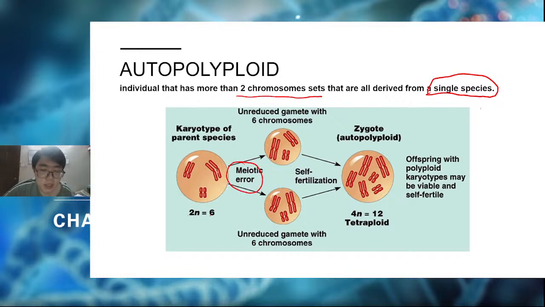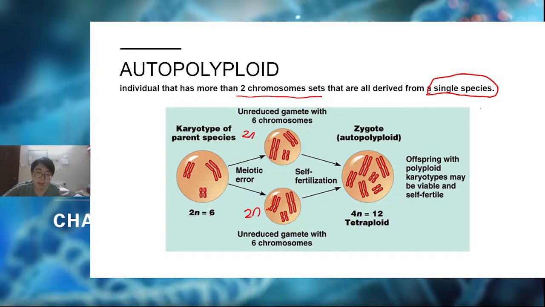In a normal situation, if this plant 2N equal to 6 undergoes meiosis, it should contain only 3 chromosomes. Hanya ada 3 saja. Meiosis only gives N equal to 3. But yang ni special, dia tak ada. Dia remain 2N also.